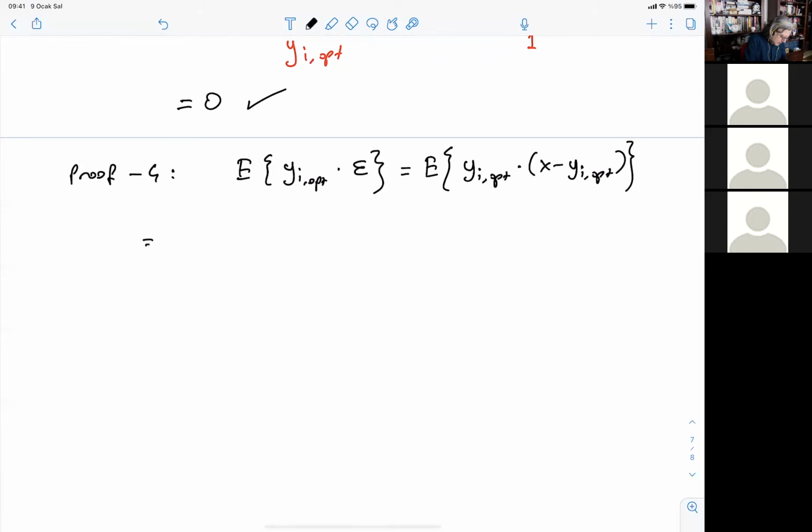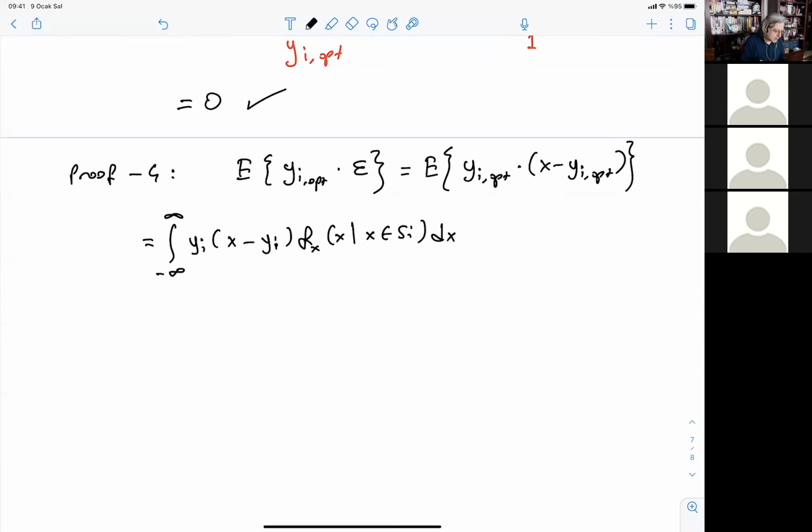So we will proceed from there, and the definition of that in the form of an integral is from minus infinity to infinity of yi times (x minus yi), and I'm not putting opt in the subscript because we know that these are the optimal, to keep it a little bit short, times fx of x conditioned that x is inside Si. This is the thing that I'm trying to integrate.